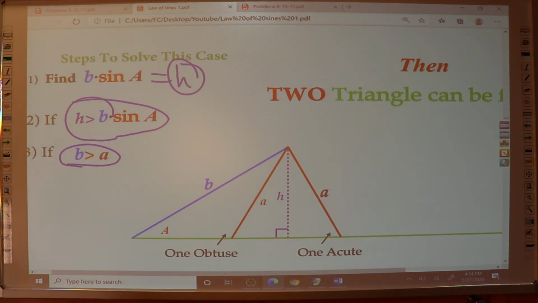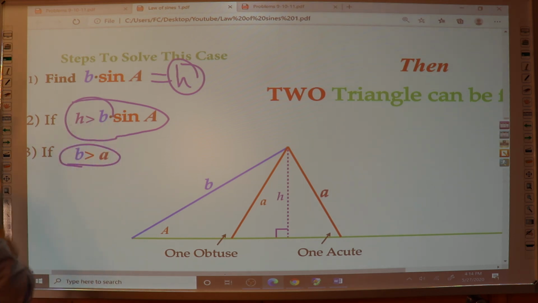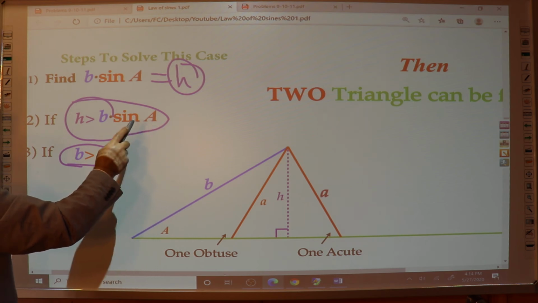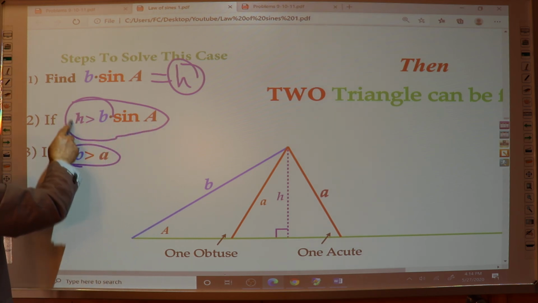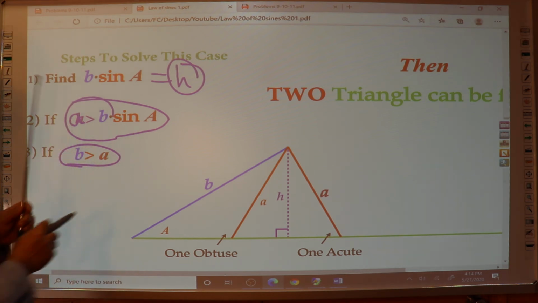B sine A, we said, is the H. Here A is greater than B sine A, and B is greater than A, and A is greater than the height.